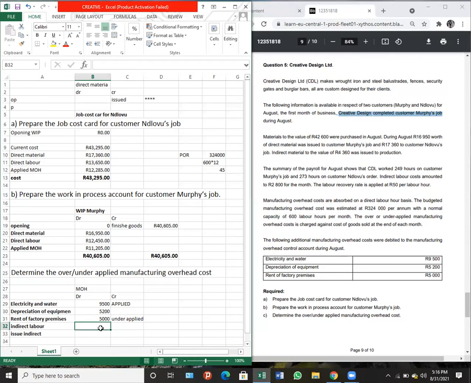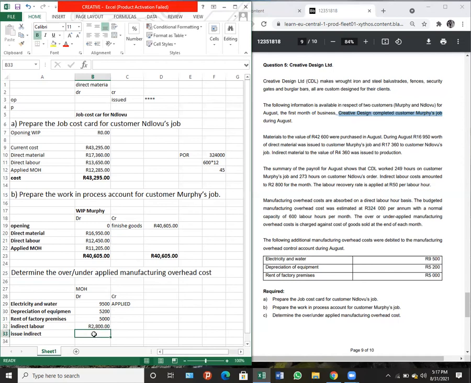And then let me cancel this because it's going to confuse us. How much is the indirect labor, guys? It's on your screen. 2,800. 2,800.